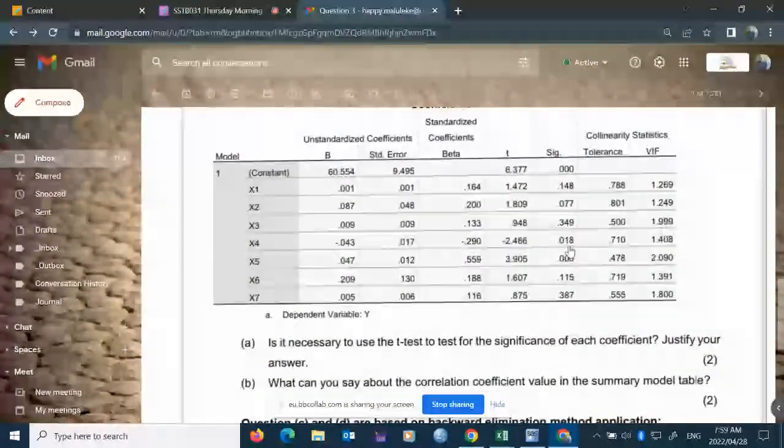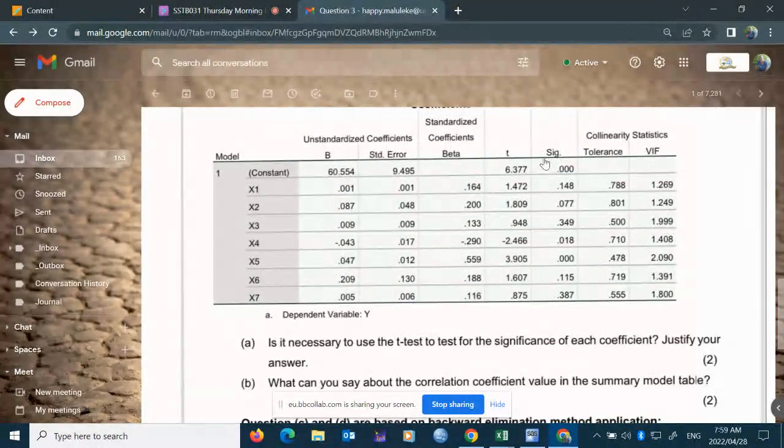The column next to collinearity, can you see it? Where it's written sig? Those are the p-values. So SPSS gives the p-values in that format. Those values under sig are the p-values. So you can use that column to say which variable will be removed first.